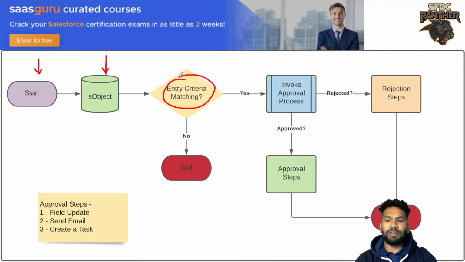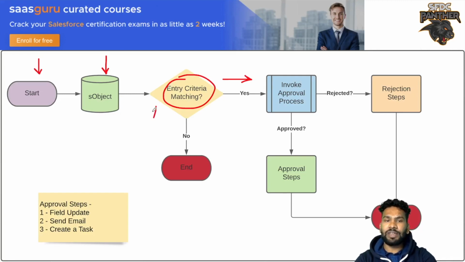We talked about it in the previous slide, there must be an entry criteria like the discount is exceeding 2%, or you have cleared 2 rounds of interviews and then your salary is exceeding the expected, or their allotted budget. If that entry criteria matches, then only your approval process is going to work. If this entry criteria doesn't match, your approval process will not work.